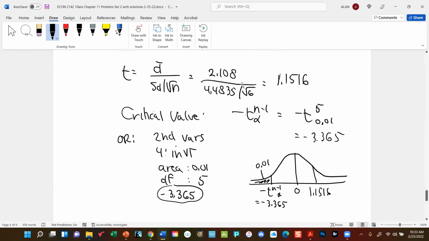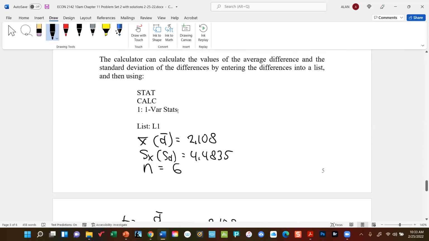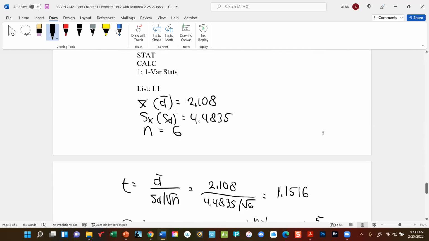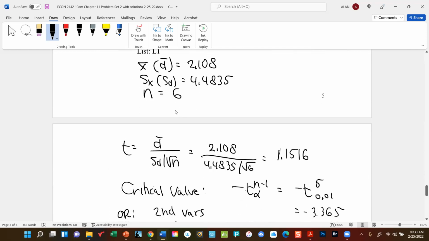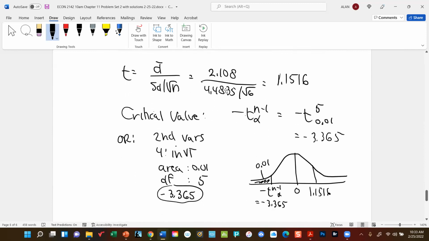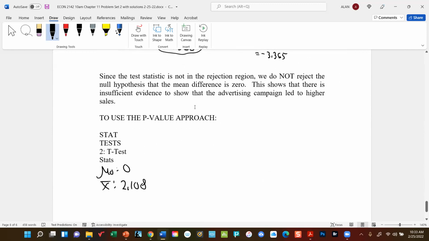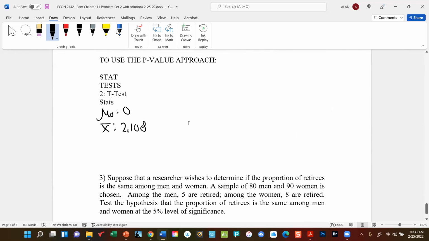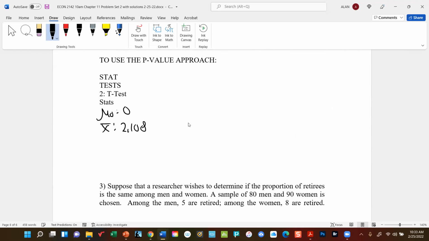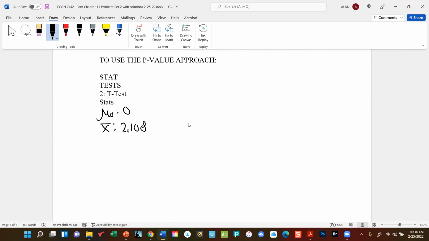So as soon as you did the one-var stats, it keeps track of those numbers and fits them into whatever test you do next. So you don't even have to bother typing these in. It's already there. Okay, so X bar, Sx, man, that is helpful. 4.4835, and then n is 6.